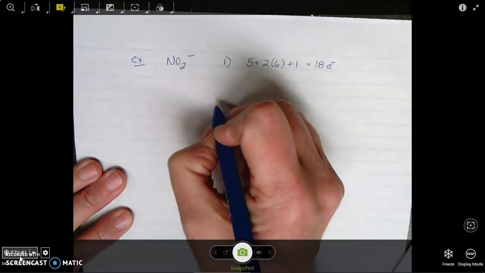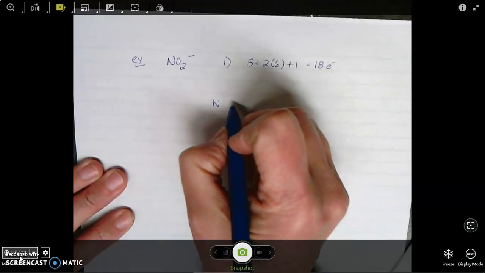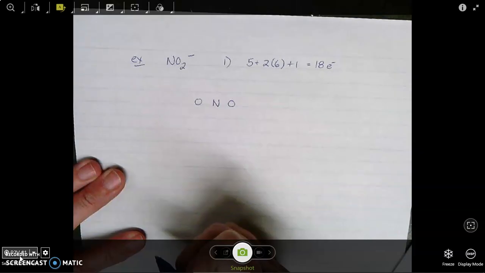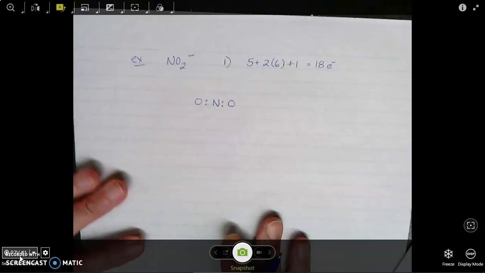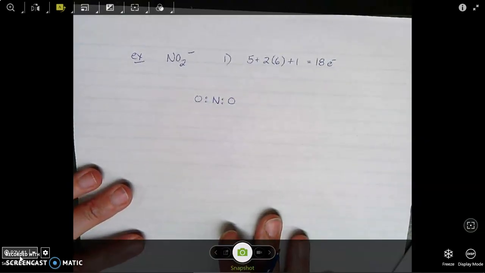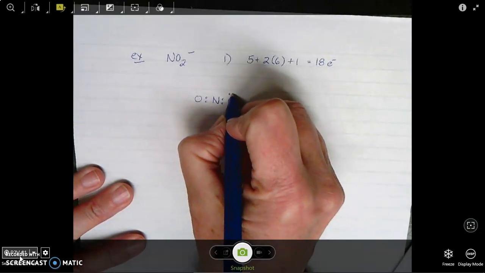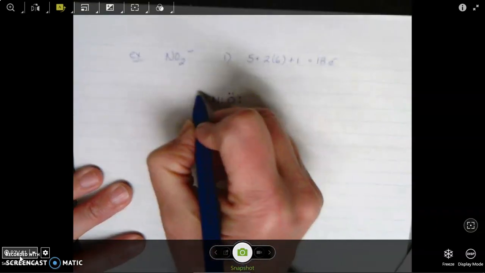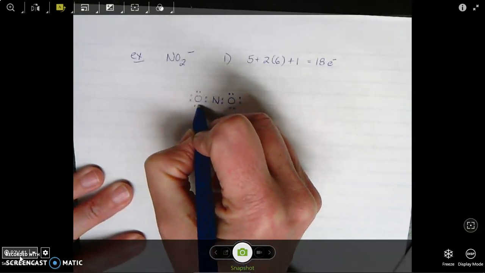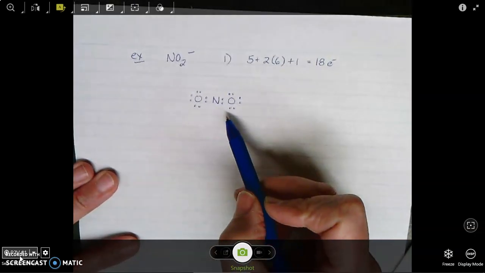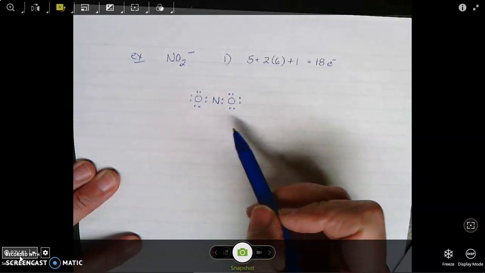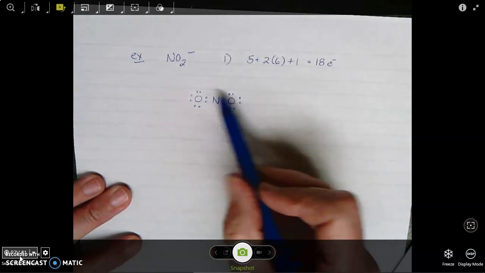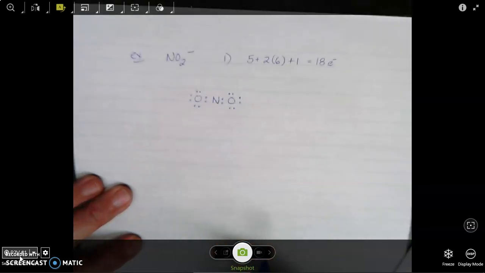So we'll get started. Step 1, I'm going to draw my atom arrangement. I'm going to put a bonding pair in between my central atom and my surrounding atoms. I will complete the octet of my surrounding atoms. And what I can see is that by the time I get to this stage, and this is step 4 now, step 4 was completing the octets of everything.